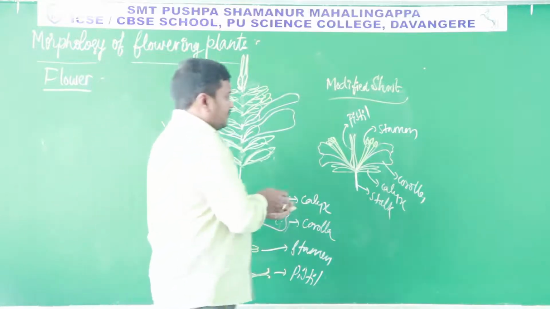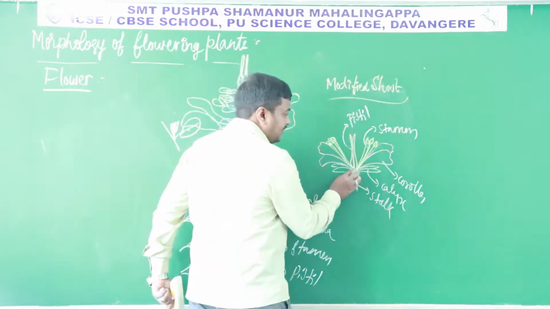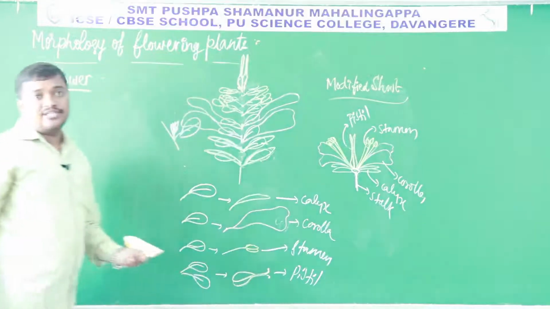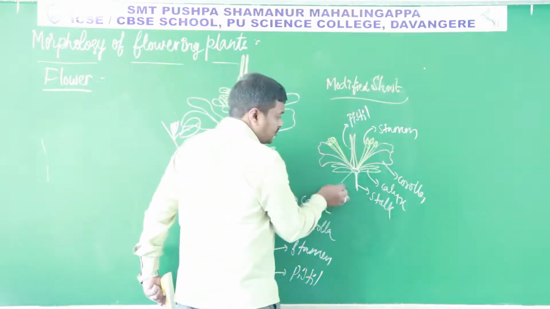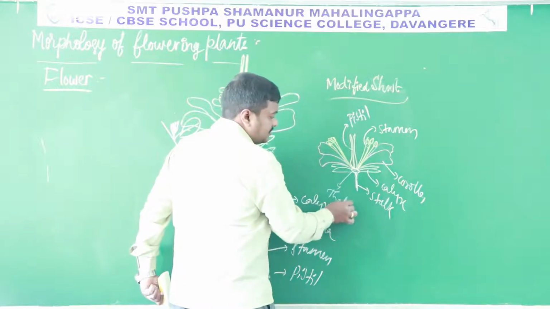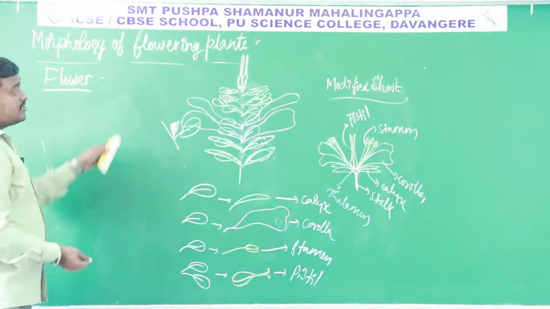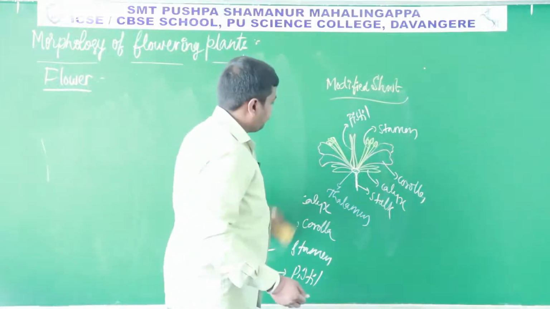Then, so here the arrangement of these appendages. Okay, there is a slightly swollen structure. So on this swollen structure, all these appendages are going to be produced. So that structure is called as thalamus. Okay, on this thalamus all the floral appendages are arranged.